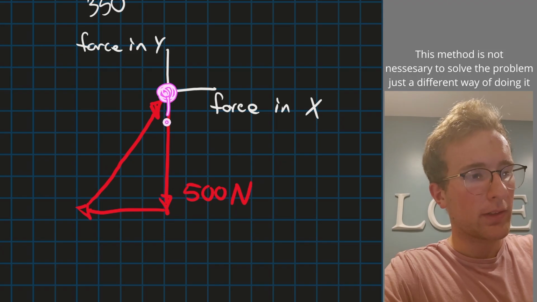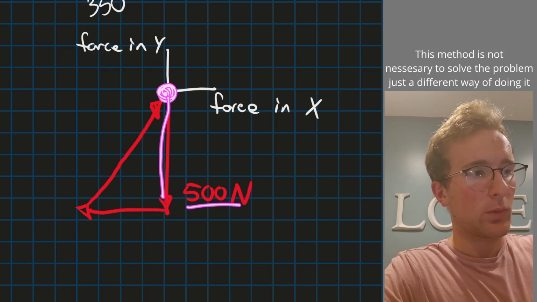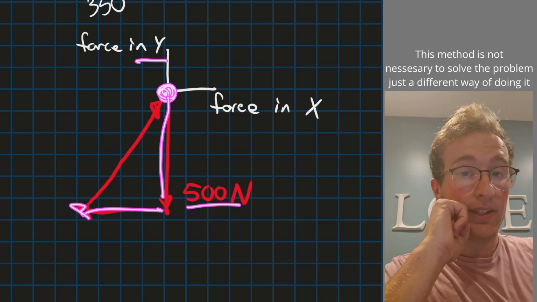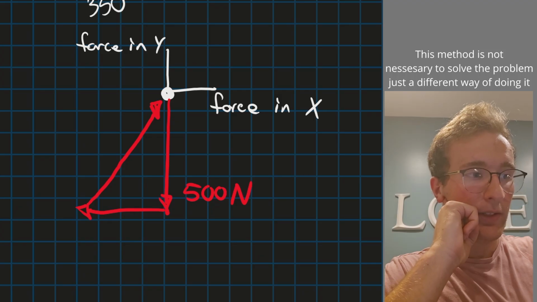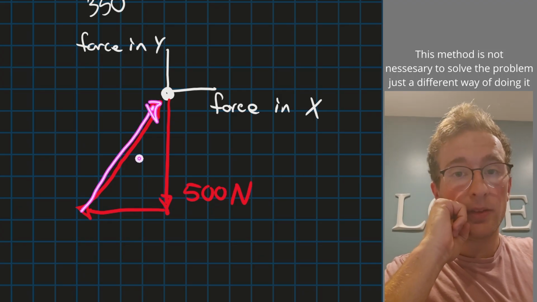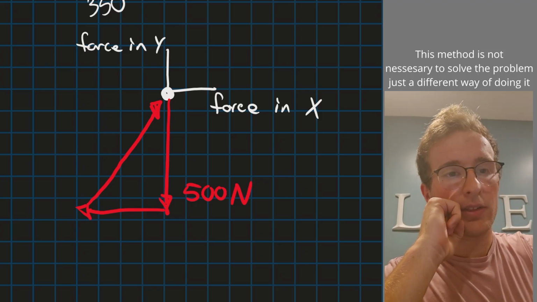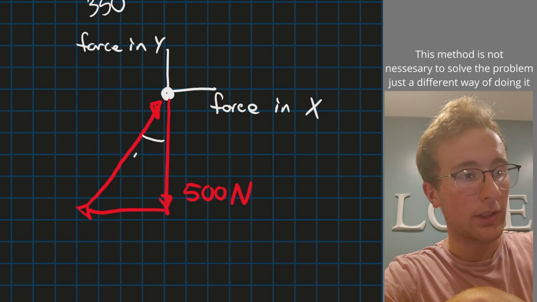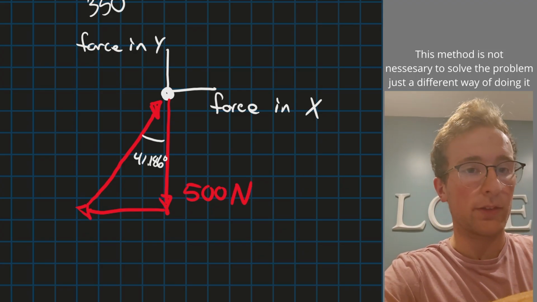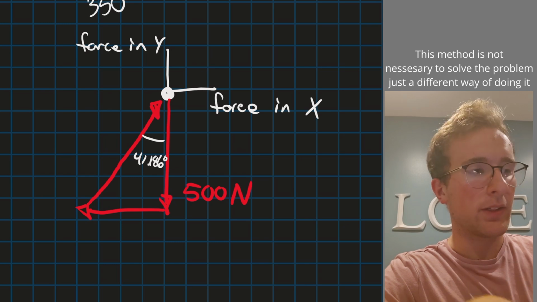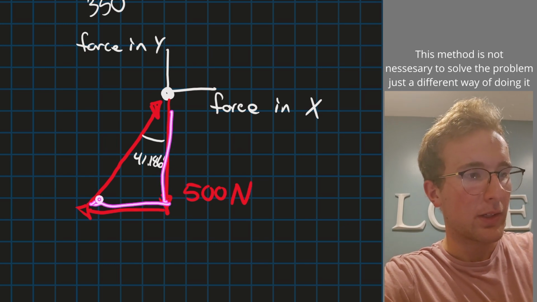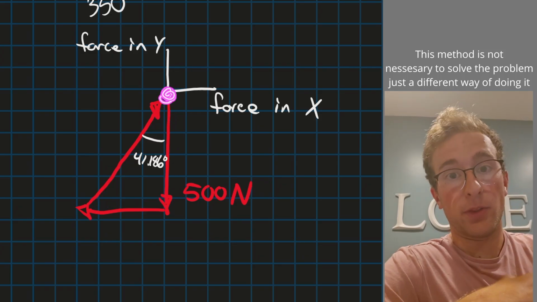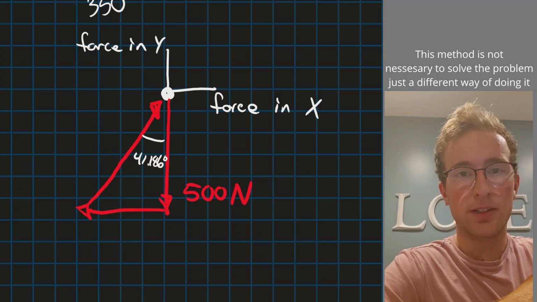This force vector is 500 in the negative y direction, this one is something in the negative x direction, and this one, we know its angle: we found its angle to the vertical to be 41.186 degrees. So these three force vectors must add together to the zero vector, the origin, which has no length.